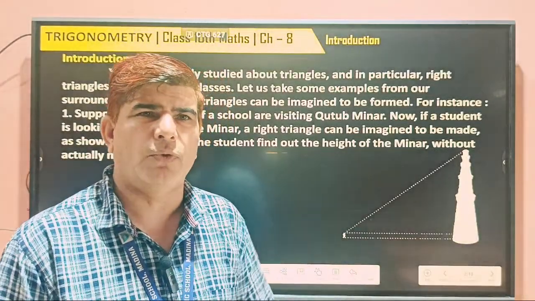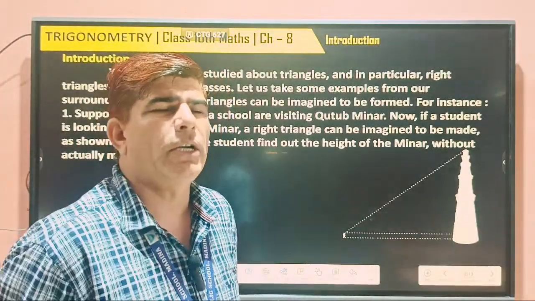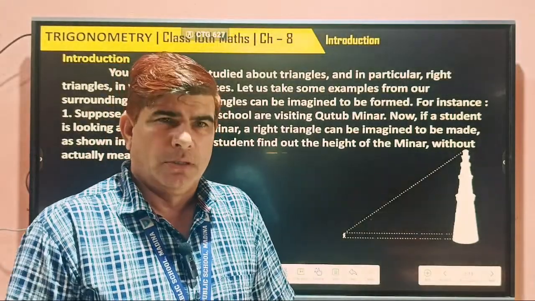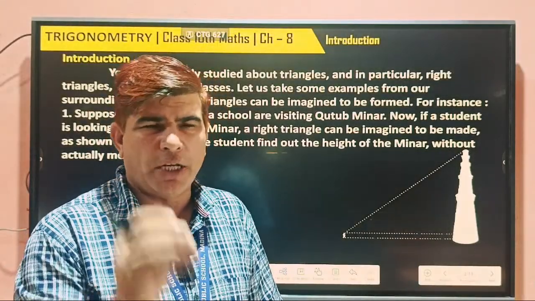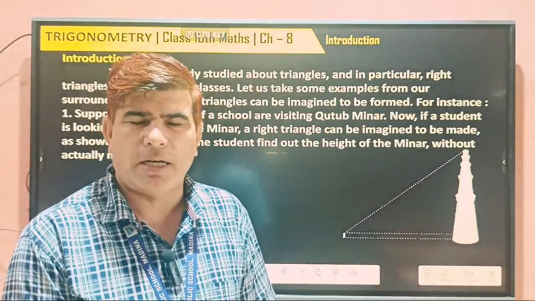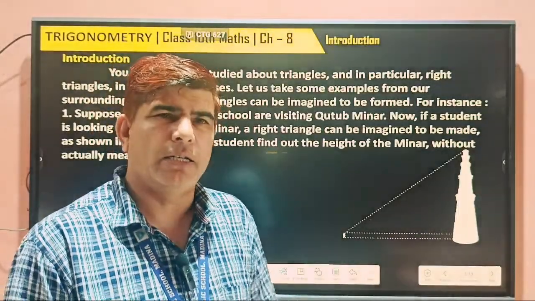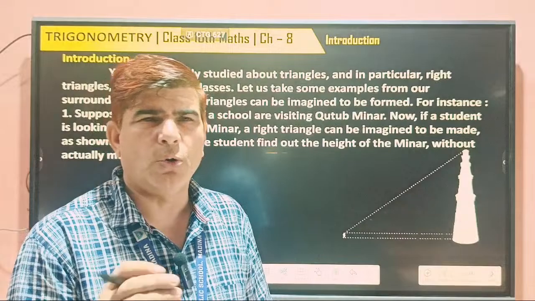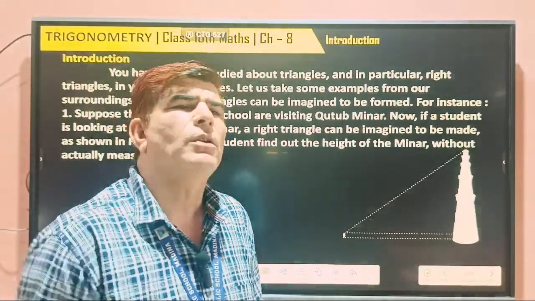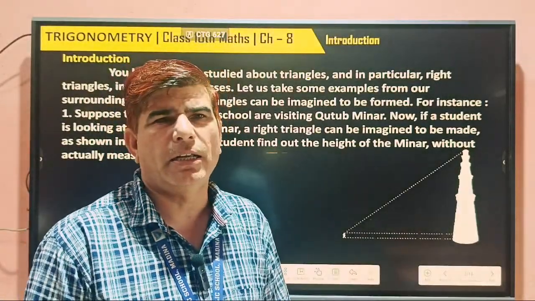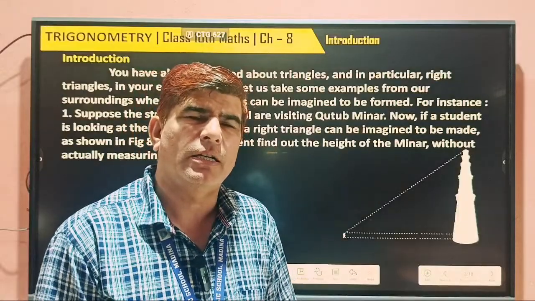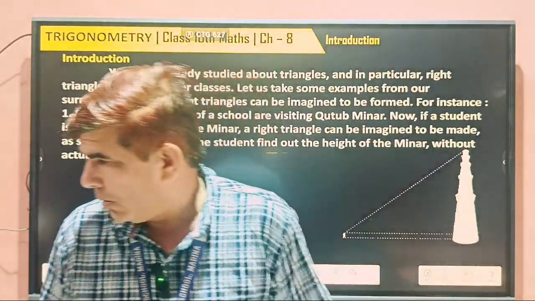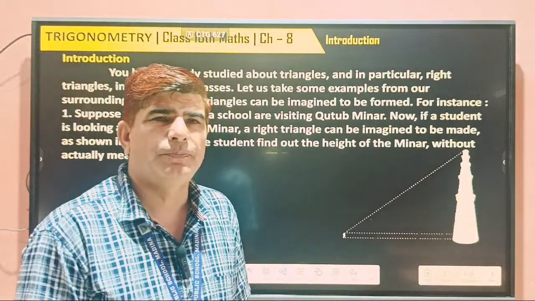Acute angle triangle: if all the three angles of a triangle are more than 0 degrees and less than 90 degrees, then that triangle is known as an acute angle triangle. Or we can say if all the three angles of a triangle are acute, then that triangle is known as an acute angle triangle. An example is the equilateral triangle.